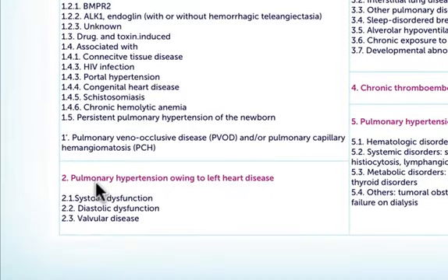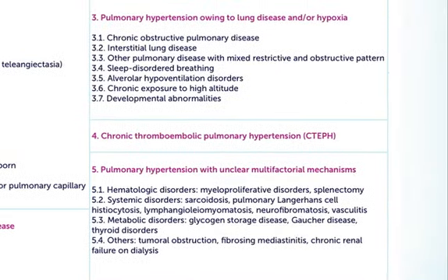The second group contains diseases affecting primarily the left side of the heart, like systolic or diastolic dysfunction or valvular disease. The third group contains disorders affecting primarily the lungs, like chronic obstructive pulmonary disease, interstitial lung disease, or chronic exposure to high altitude.